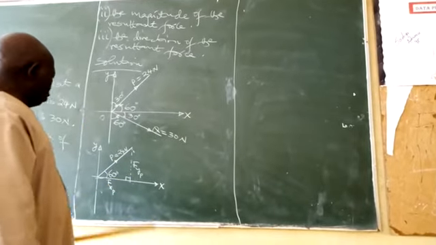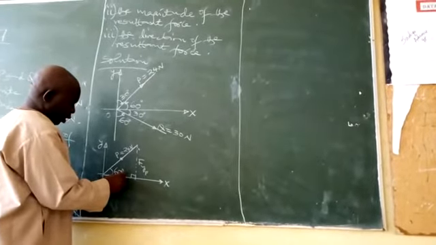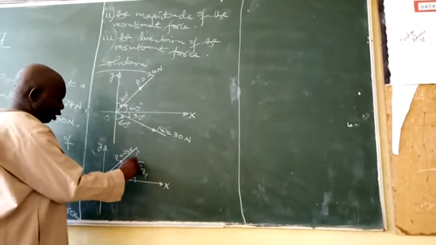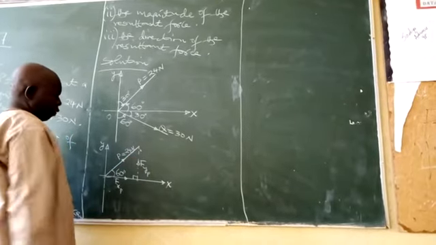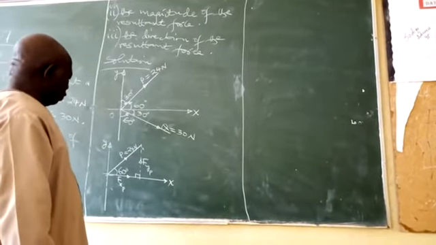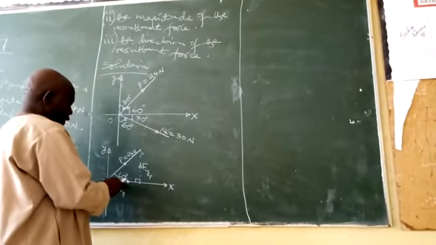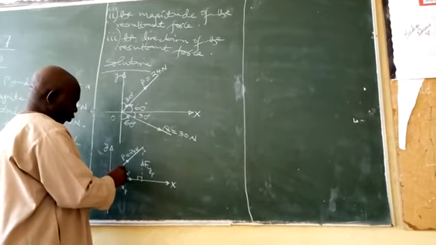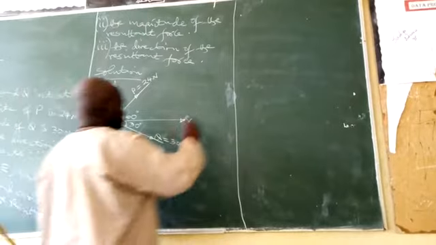Now, in that right angle triangle, this will be the direction of the horizontal component of force P, and this will be the direction of F sub Y P. So, in that right angle triangle, F sub X P is adjacent to this angle, 60 degrees. So adjacent over hypotenuse is cos.